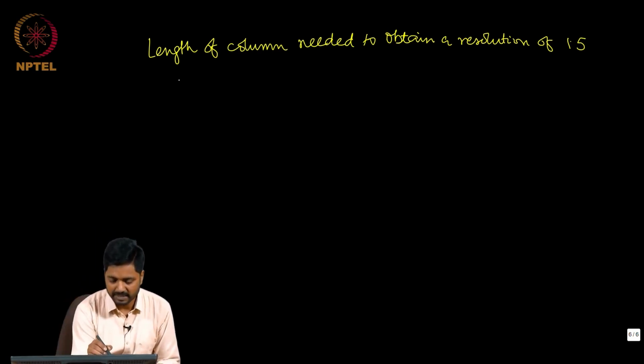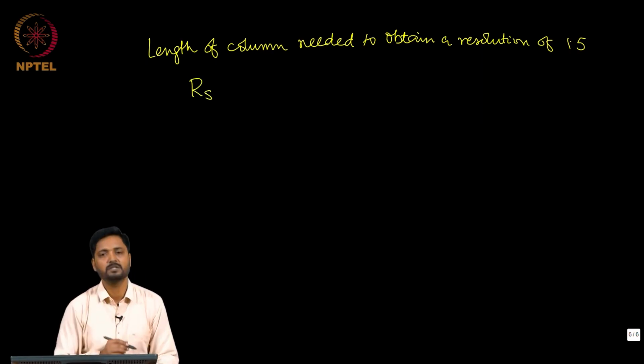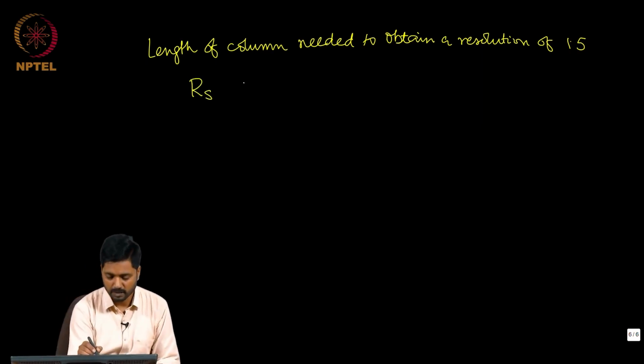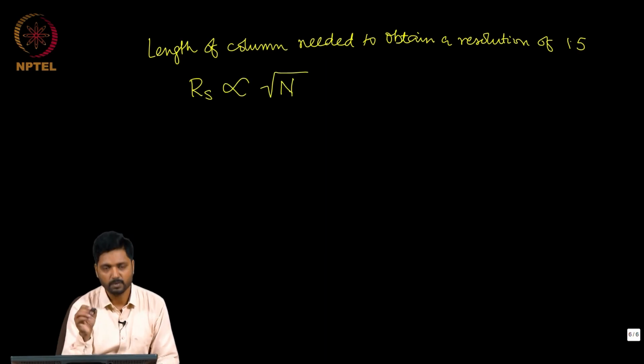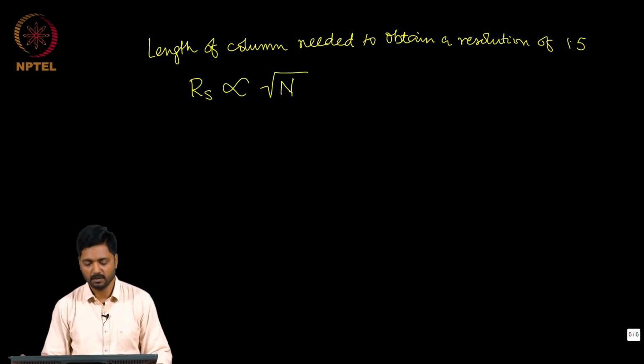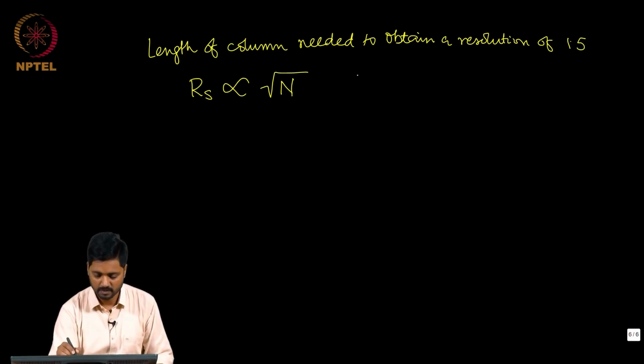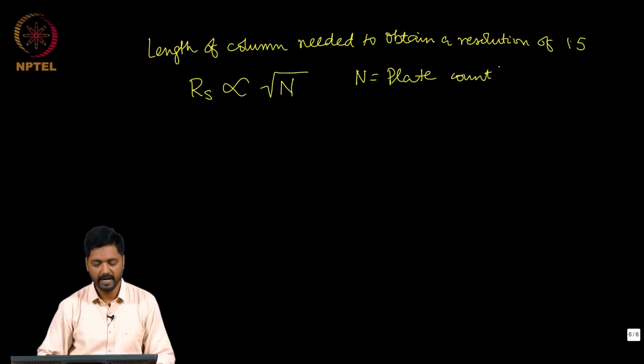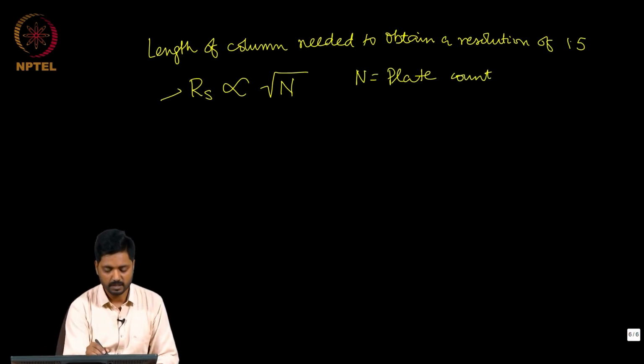Now, let us understand that the resolution of the column is proportional to the square root of the number of plates present in the column, or the plate count. So, N is the plate count and RS is the resolution.